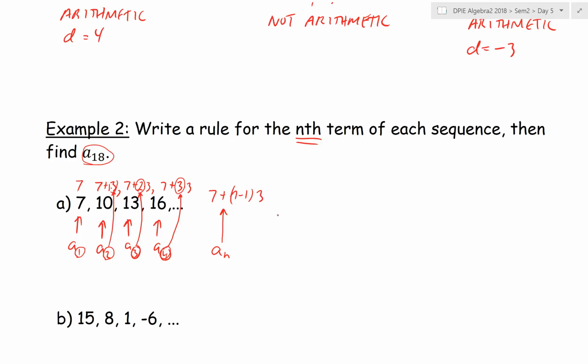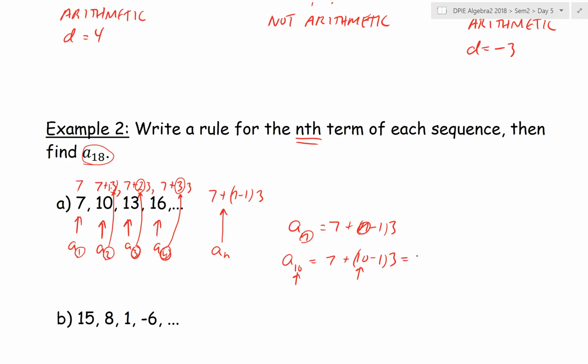So our rule for this first example, to get the nth term, we would just do 7 plus n minus 1 times 3. For example, if we wanted the 10th term, we would do 7 plus 10 minus 1 times 3, because n is 10, so we put 10 in place of n.